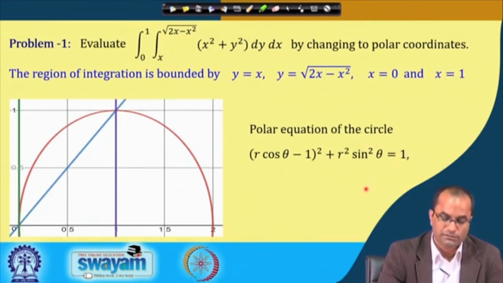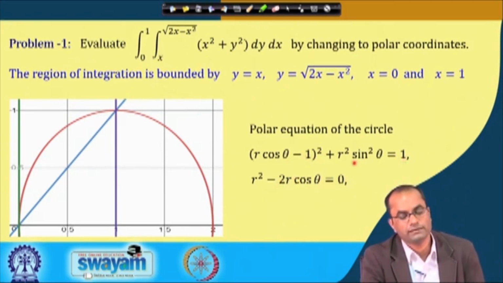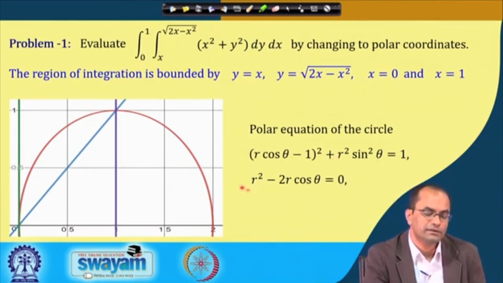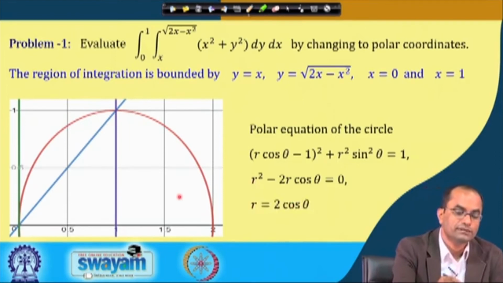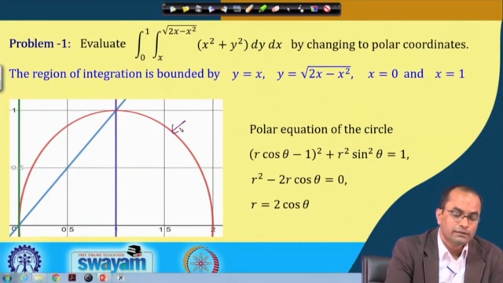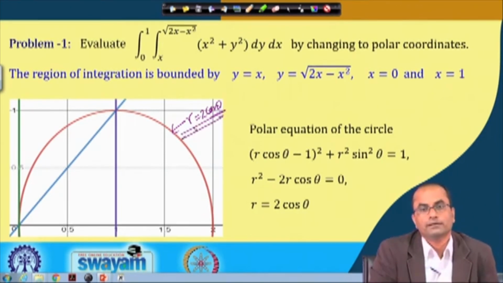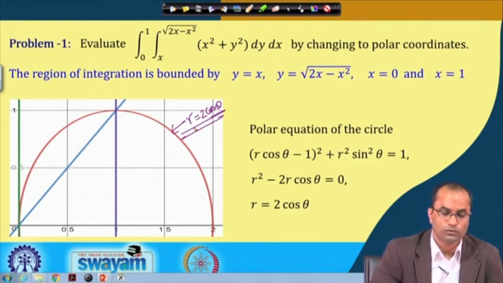So, from here if we simplify this, we will get r square minus 2 r cos theta is equal to 0, because this 1 will get cancelled, and r square sin square theta and r square cos square theta will give us this r square. So, from here we get r is equal to 2 cos theta. So, here this circle is r is equal to 2 cos theta. So, the limits of r are also clear now. r is going from 0 to 2 cos theta.